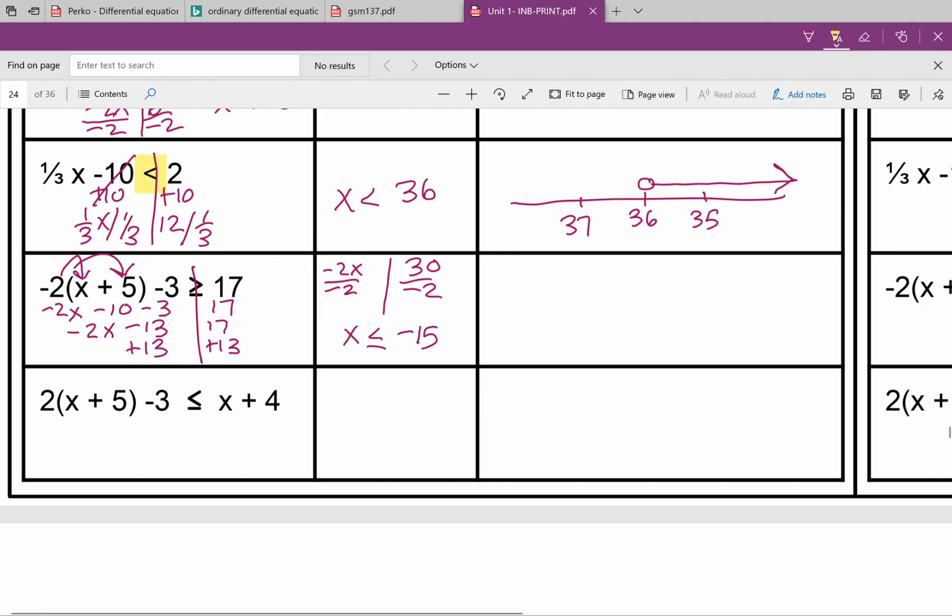So right here, notice that my sign flipped since I divided by a negative number. So if I was to graph this, I have -15, -14, -16. This is all the numbers less than -15, less than or equal to -15. So it's going to be a closed dot. All the numbers less than -15 is in this direction.